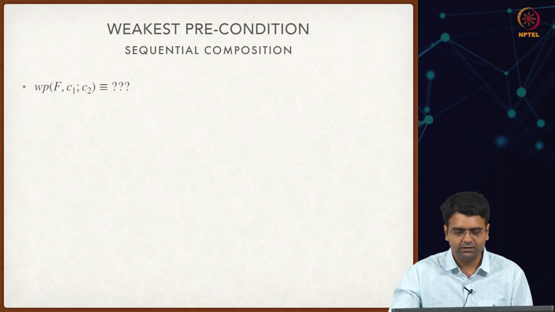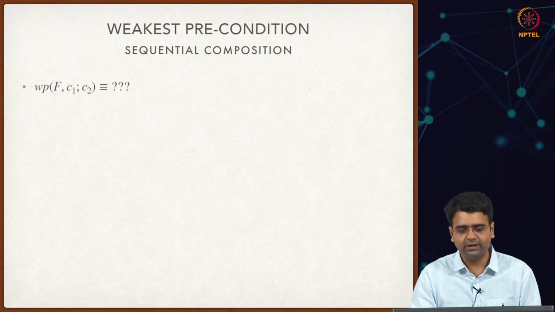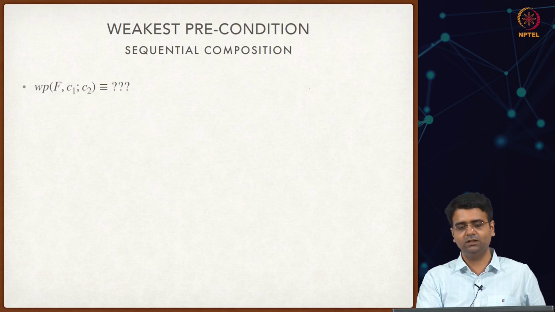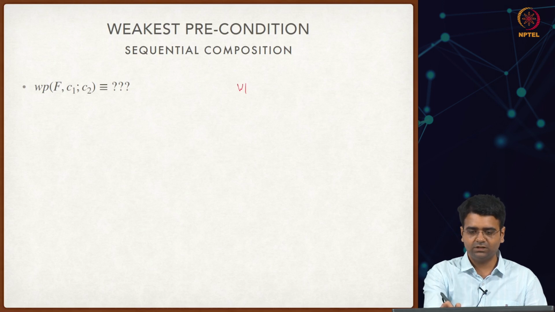Again, we want to express this weakest precondition using the weakest precondition for the individual statements. So I want to use the weakest precondition for C1 and the weakest precondition for C2. Since this is backward propagation, we want to propagate this set of states f backwards through the program. So you first calculate the weakest precondition of f with C2.